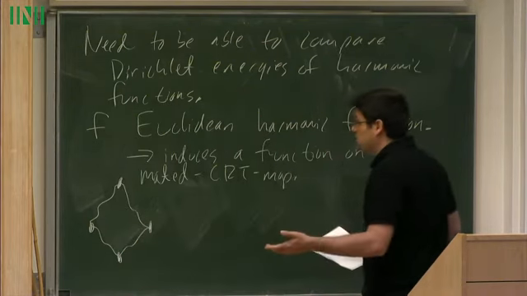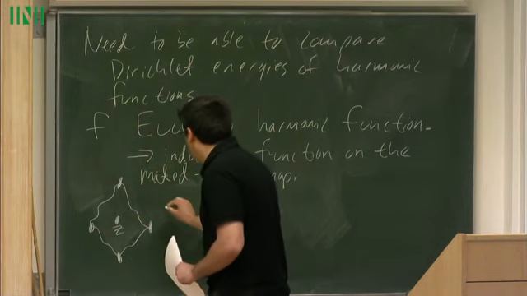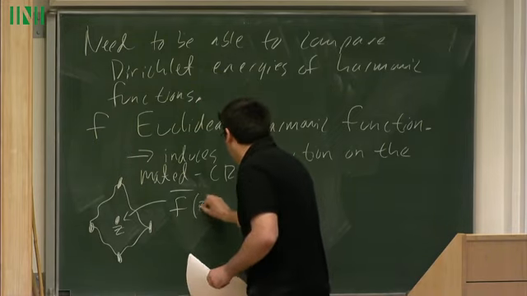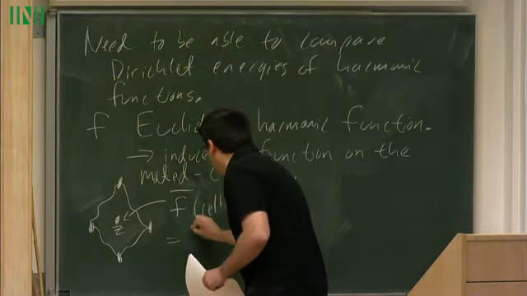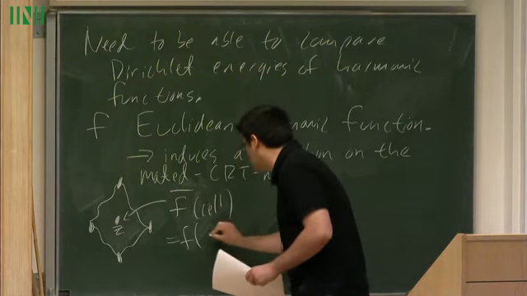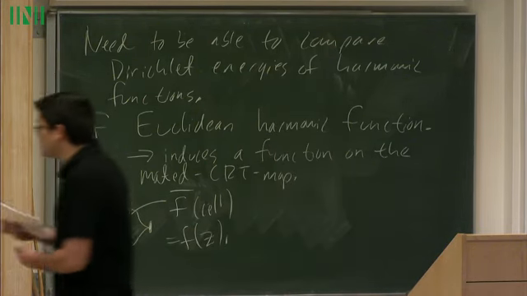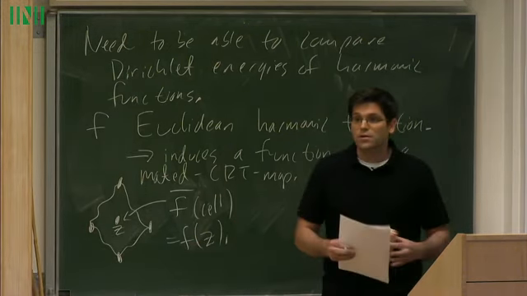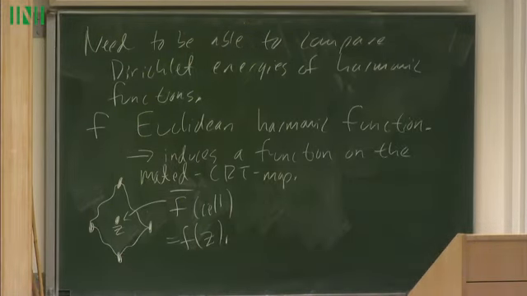I mean, you can just pick, for example, the center of mass inside of your cell, and you can define the function that you want to analyze on the mated CRT map to have the value on the cell just to be equal to the value of the original function at this center of mass. Okay, but you could really choose this point in any way that you want. And then what you want to do is you want to understand how this function behaves. And in particular, for the purpose of analyzing random walks, you want to get a bound for Dirichlet energies.